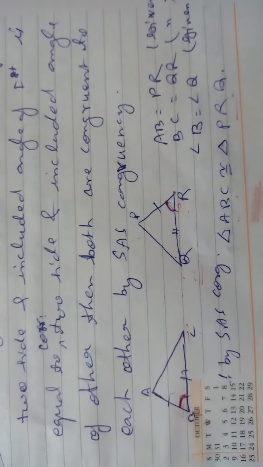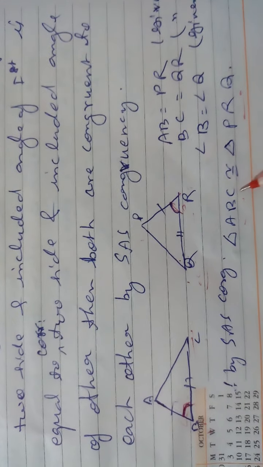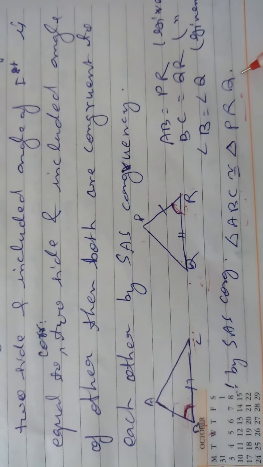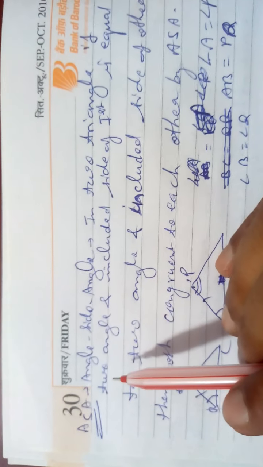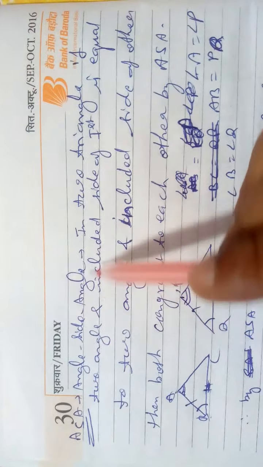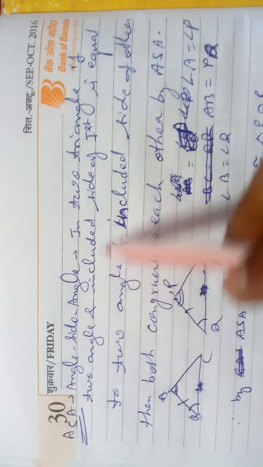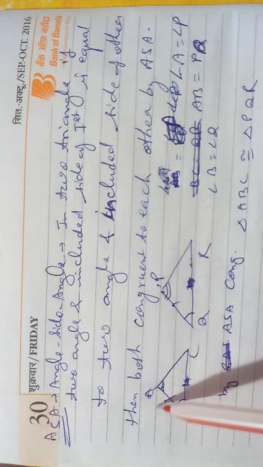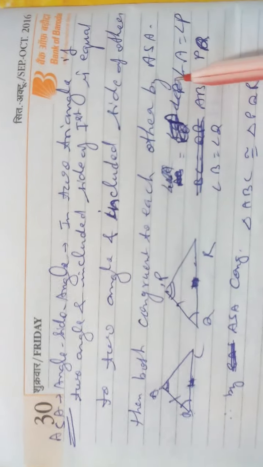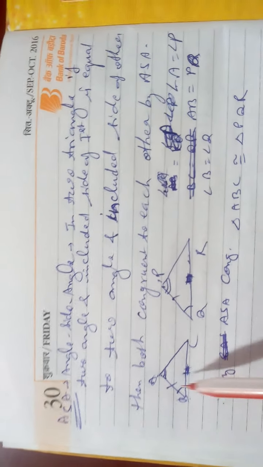According to this, angle C is equal to angle Q by CPCT. The third side is also equal. The rest of the parts you can write by CPCT. ASA, angle side angle. In two triangles, if two angles and the included side of the first triangle are equal to two angles and the included side of the other, then both are congruent by ASA.